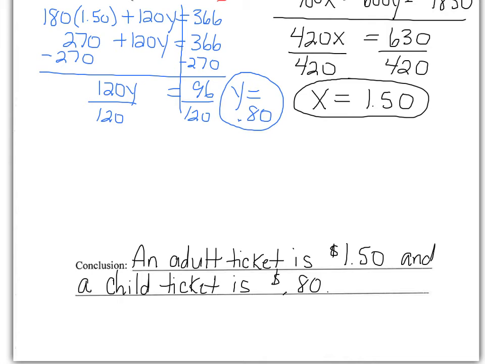And so that would be changing our math sentences, y equals 0.80 and x equals $1.50, into an English sentence based on what I define the variables to be at the very beginning.